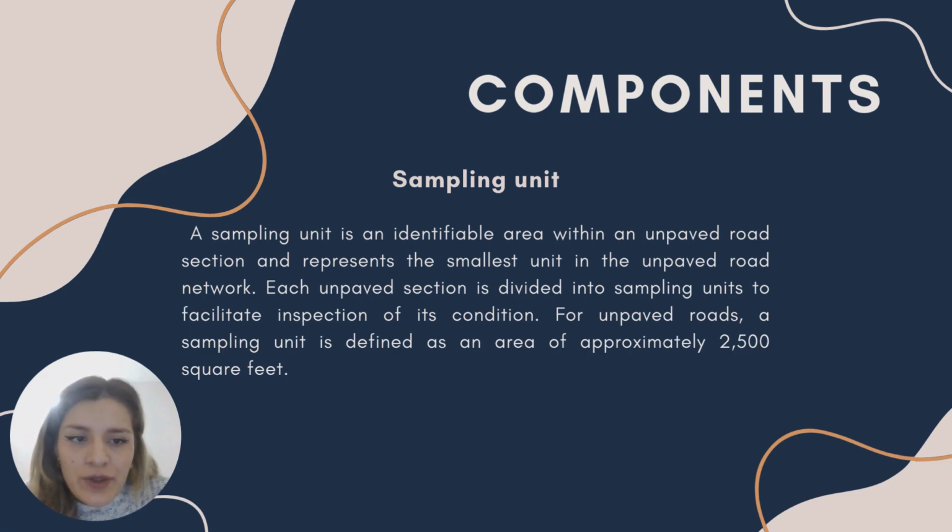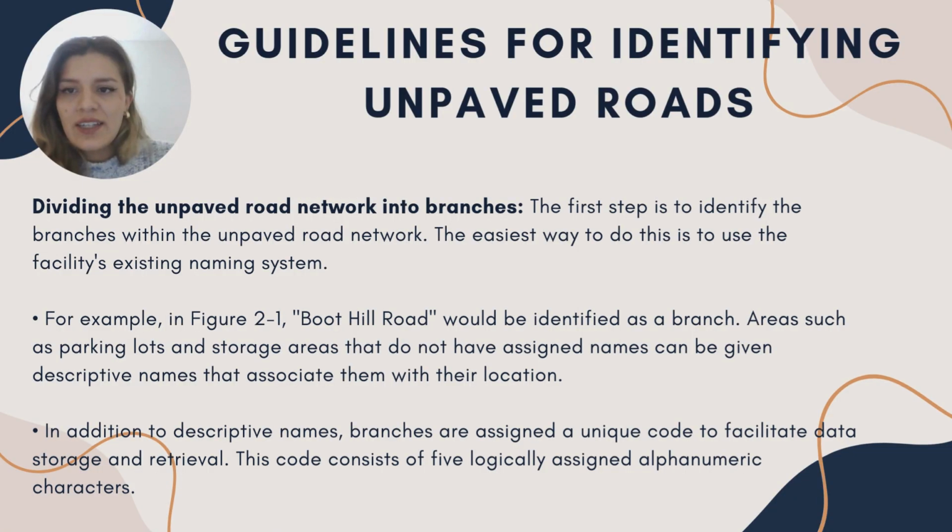Each unpaved section is divided into separate units to facilitate inspection of its condition. For unpaved routes, a sampling unit is defined as an area of approximately 2,500 square feet.